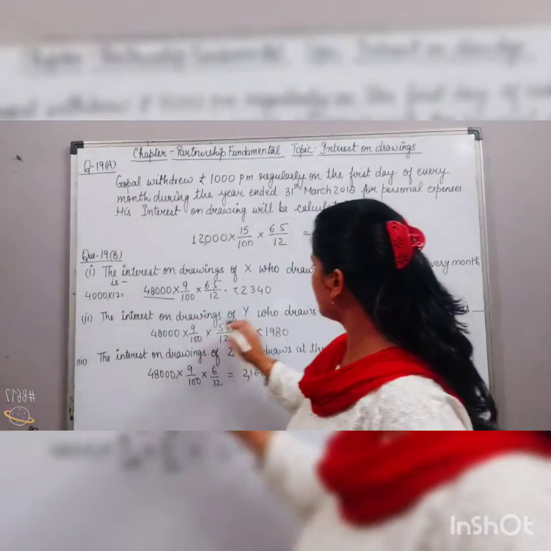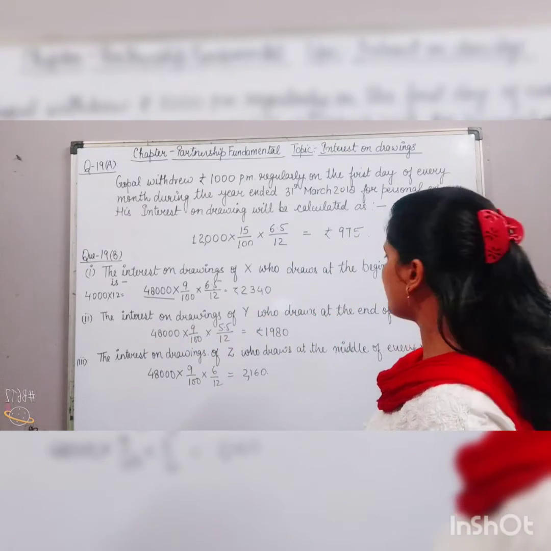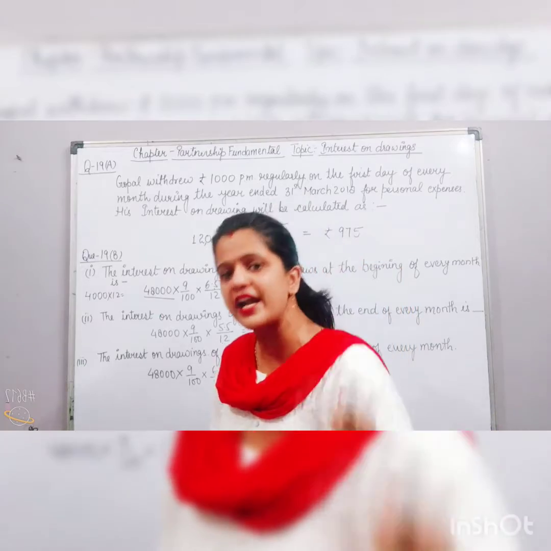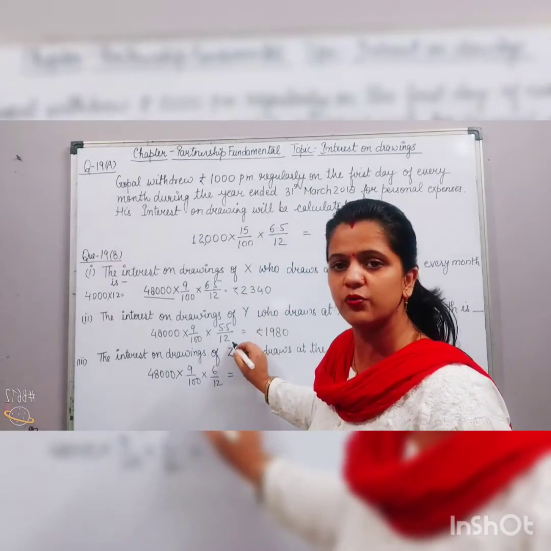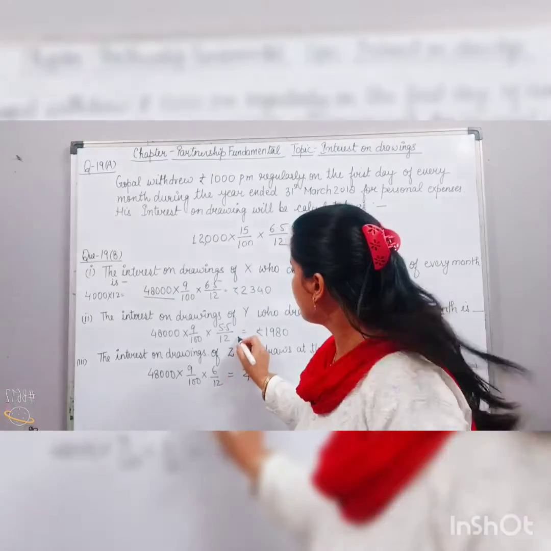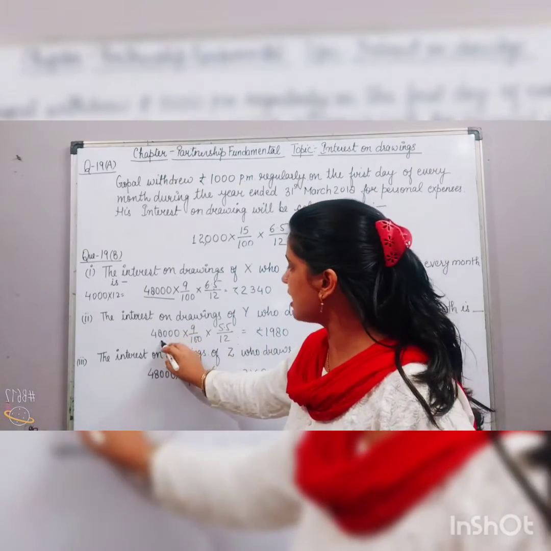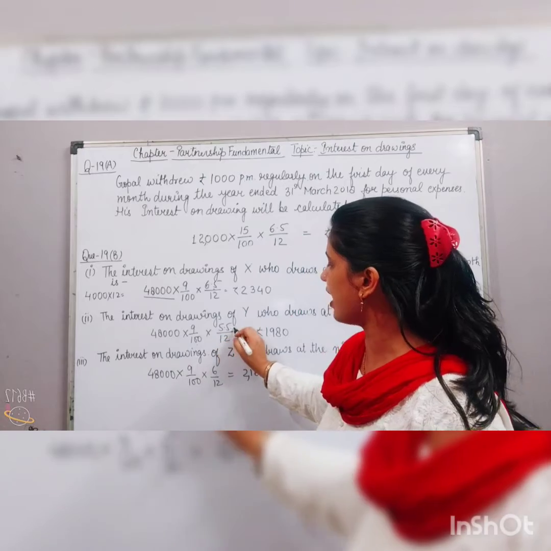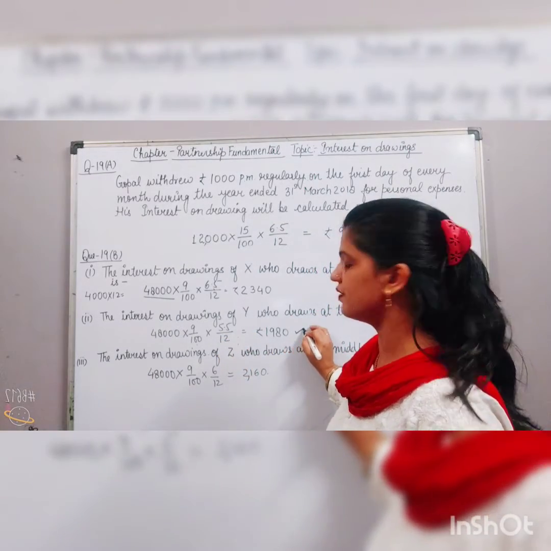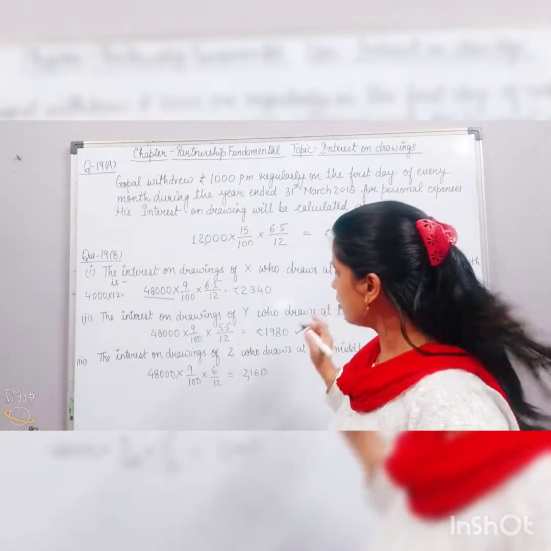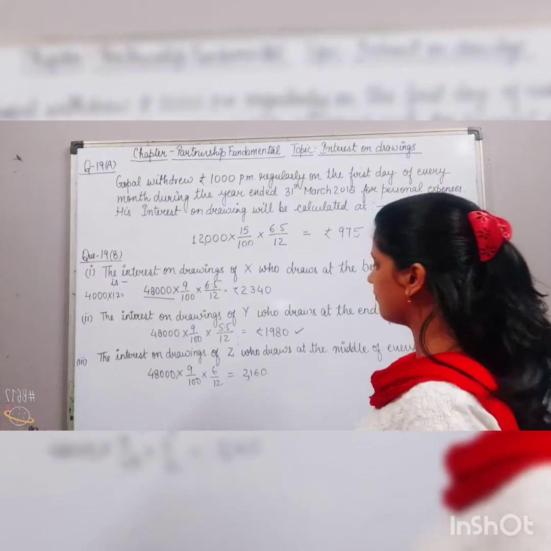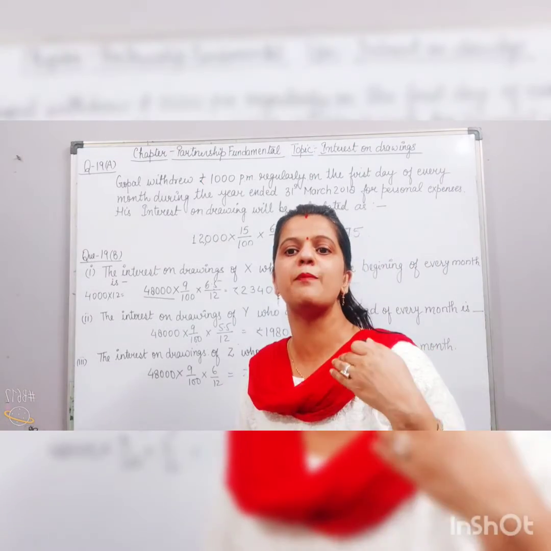Let's see the second situation: the interest on drawing of Y, who draws at the end of every month. If he is withdrawing at the end of every month, the average period will be 5.5. So 48,000 into 9 upon 100 into 5.5 upon 12, and the answer will be 1980. Now the third situation: the interest on drawing of Z, who draws in the middle of every month.